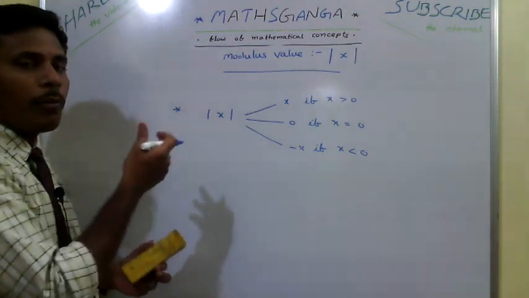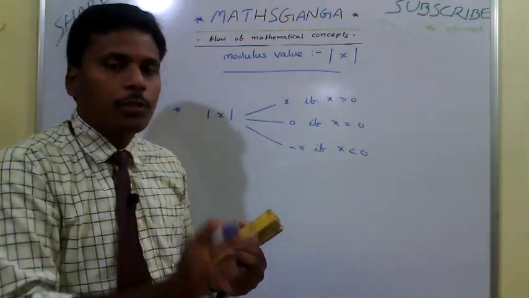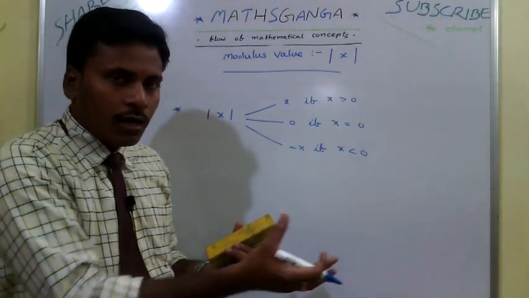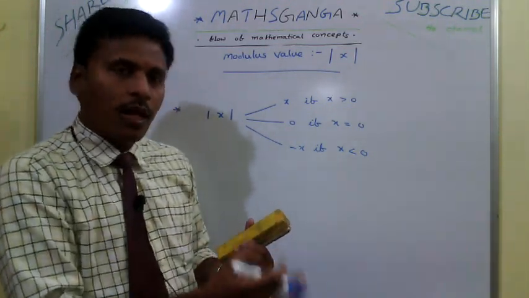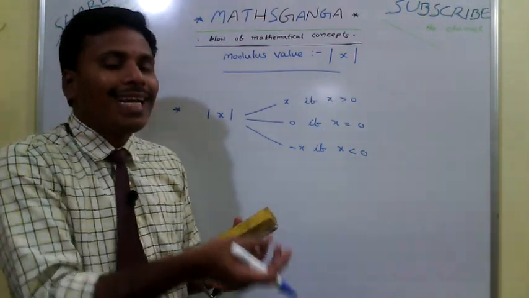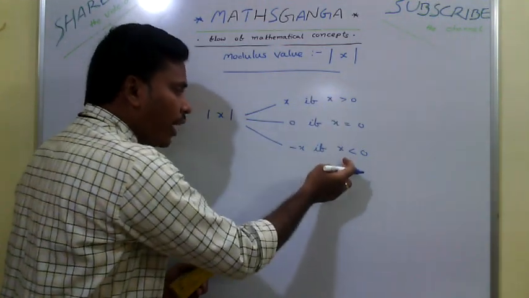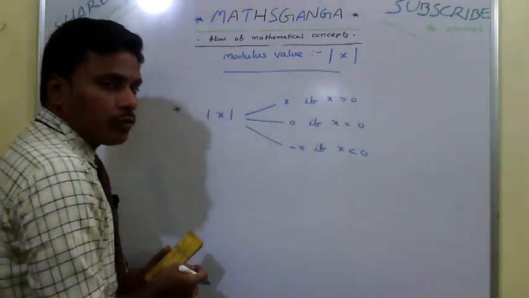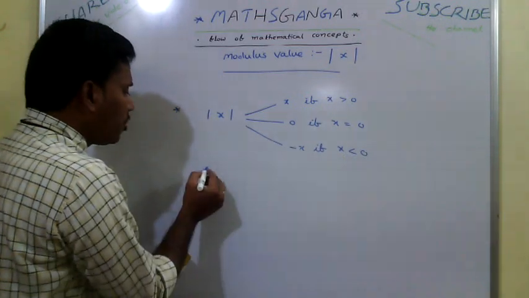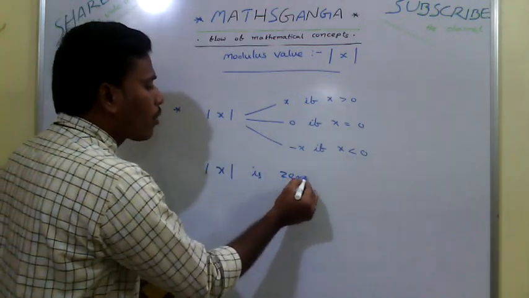For example, already we explained what it is. If we give a positive number to the modulus, it multiplies with the plus sign, so the result is positive. If we give a negative number, it multiplies with the negative sign, and again the result is positive. If we give 0 to the modulus, it results as 0 only. So for positive x and negative x, the result is always positive, and for 0, the result is 0. So modulus of x is 0 or positive.